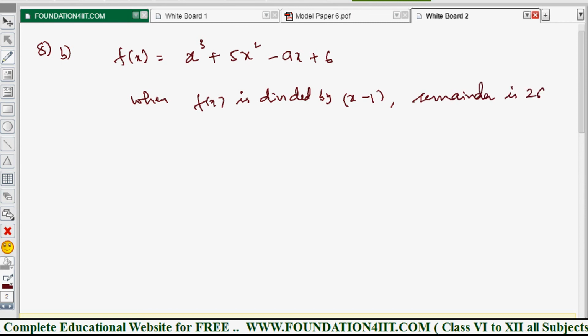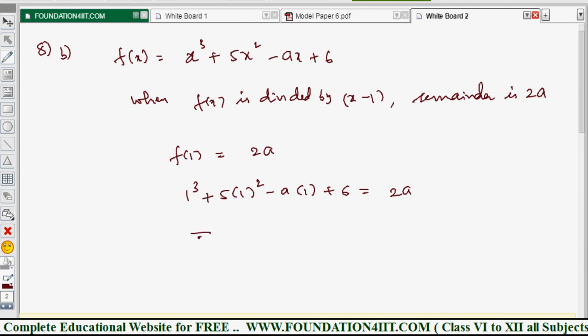Because it is divided by x minus 1, f of 1 is equal to 2a. In the place of x, we substitute 1. So 1 cube plus 5 into 1 square minus a into 1 plus 6 is equal to 2a.